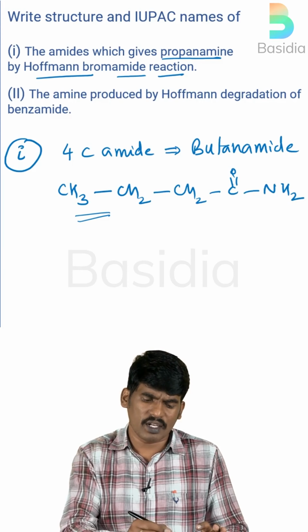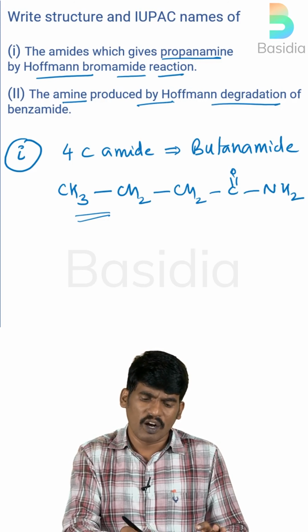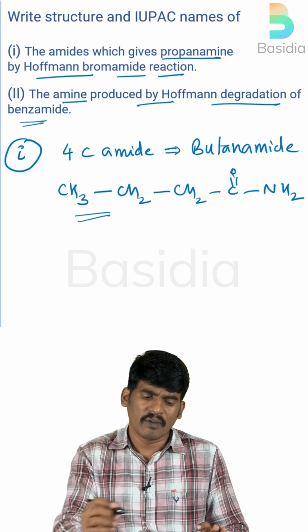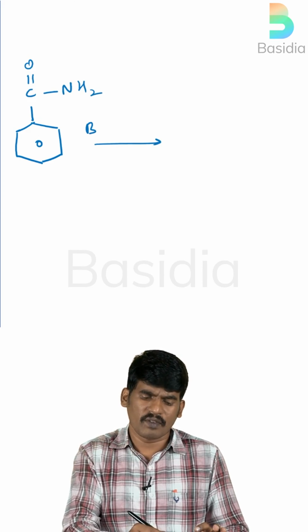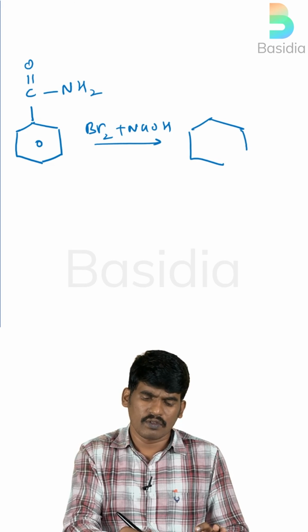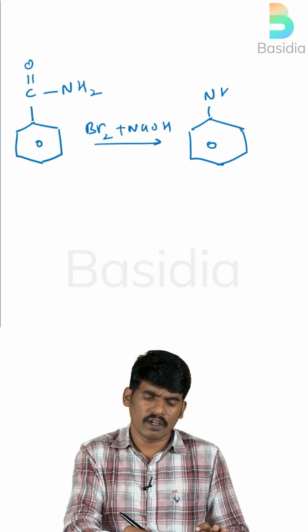Next, they gave another question: the amine produced by Hoffmann degradation of benzamide. Benzamide is C6H5CONH2. Remove the CO with Br2 plus NaOH, which gives you C6H5NH2.